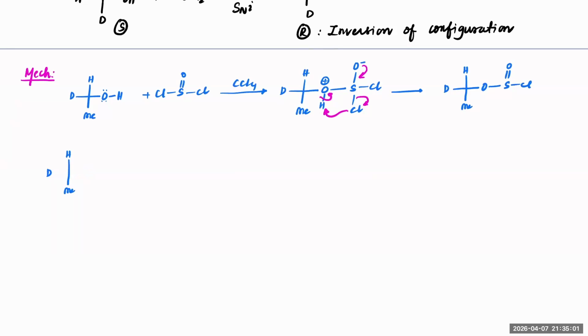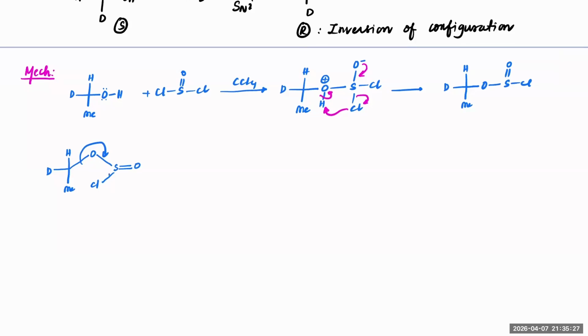If you have this deuterium here, this carbon has an oxygen connected to sulfur, which has a double bond O and a Cl, and that has a Cl there. Basically this bond will break here, trying to convert into a double bond. So this Cl minus will break, and Cl minus will try to attack from the same direction.